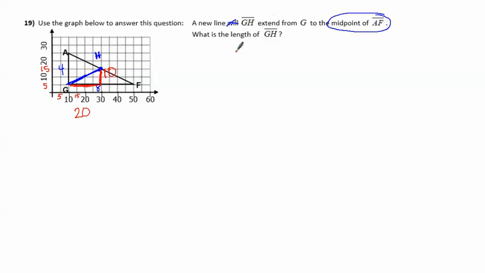So using the Pythagorean theorem to find the length of GH, I'm going to call this C. C squared is equal to 20 squared plus 10 squared. And we keep on doing this problem the exact same way we've been doing all these other ones. So we now get 500, and keep in mind that to get rid of an exponent of 2, we need to do the square root on both sides.